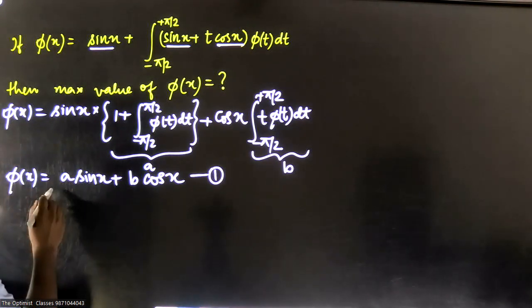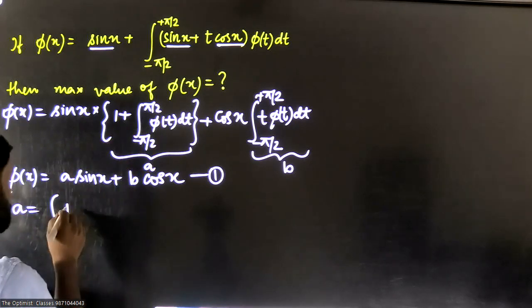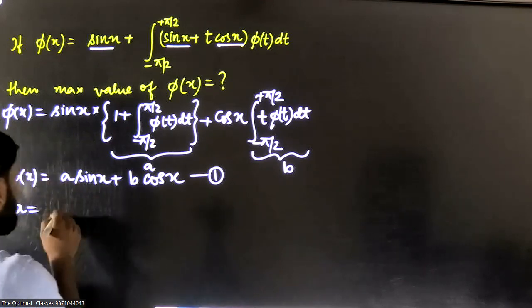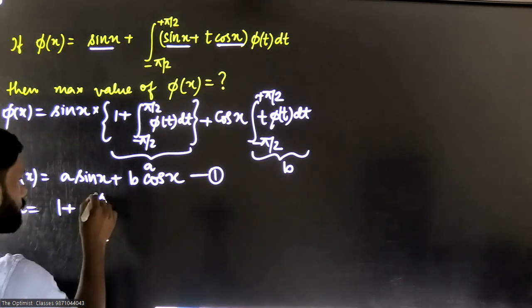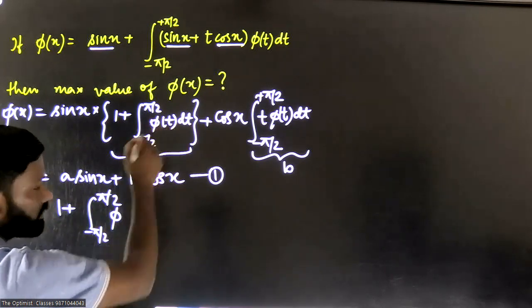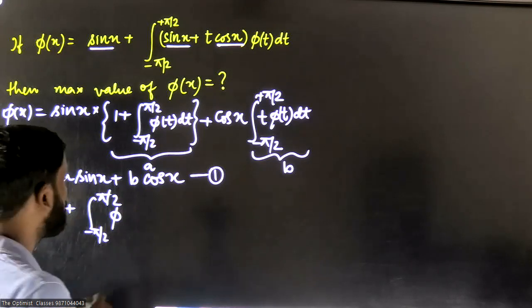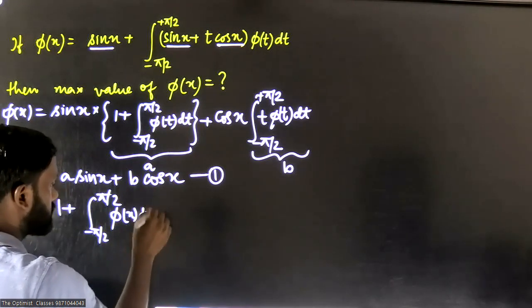Now we want to evaluate this a and b. So here a is actually 1 plus this integration from minus pi by 2 to plus pi by 2 of this function. The integration variable is a dummy variable, so in place of t you can write x here, like this dx.